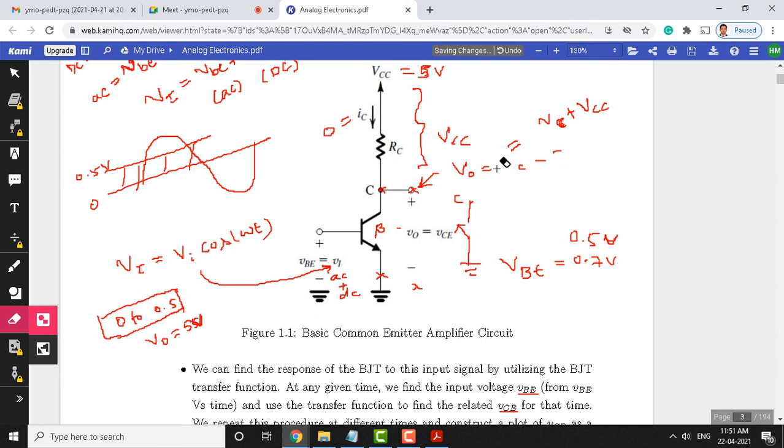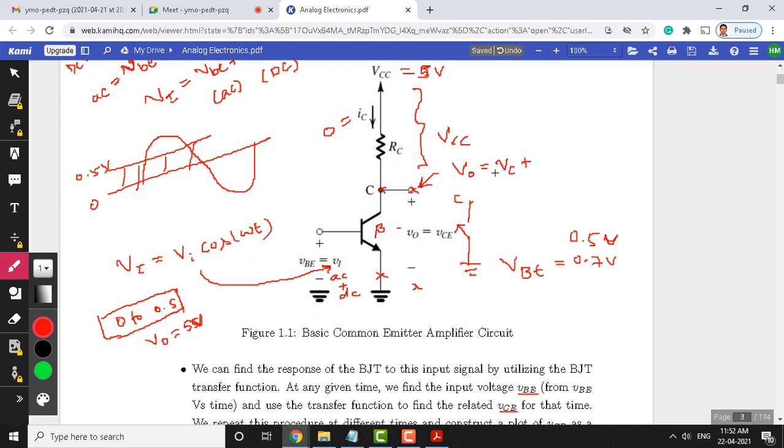We told you the output is equal to VCC only for a specific level, but generally for an input cosine signal, when we apply AC plus DC, the output will also have both AC and DC. So now V naught will be equal to the AC signal vce plus the DC VCE. This is the AC output signal and this is the DC output signal.